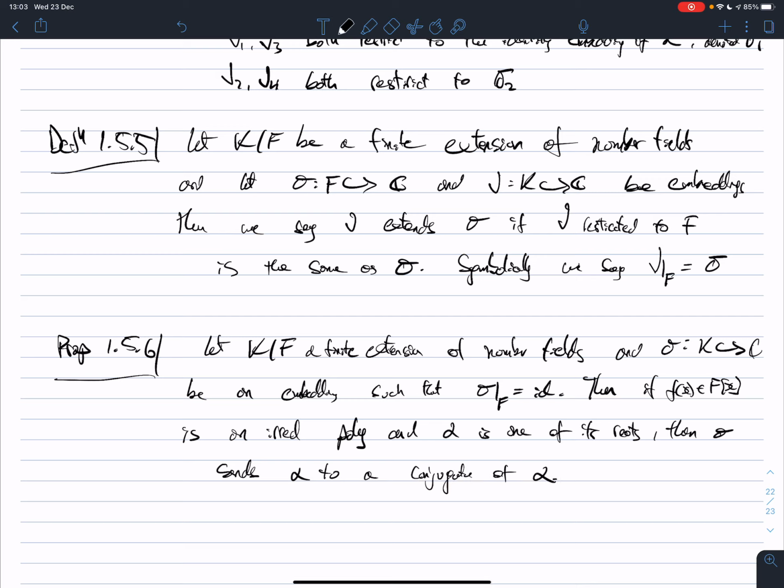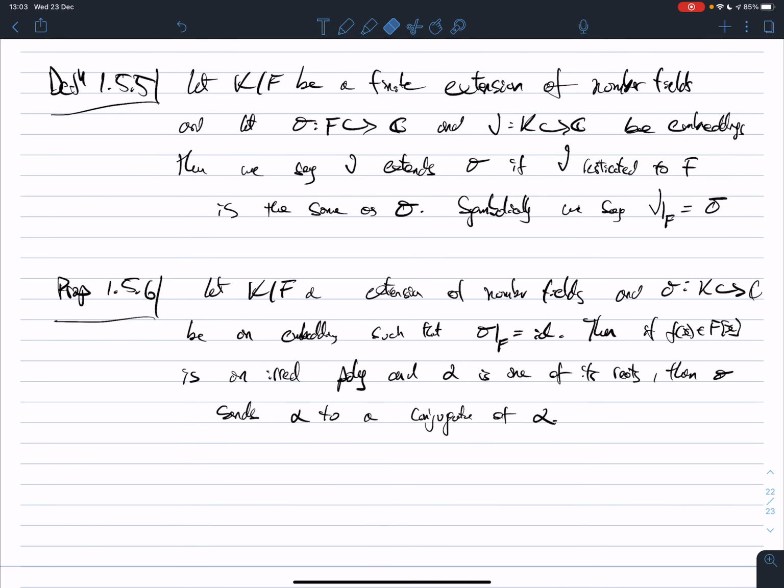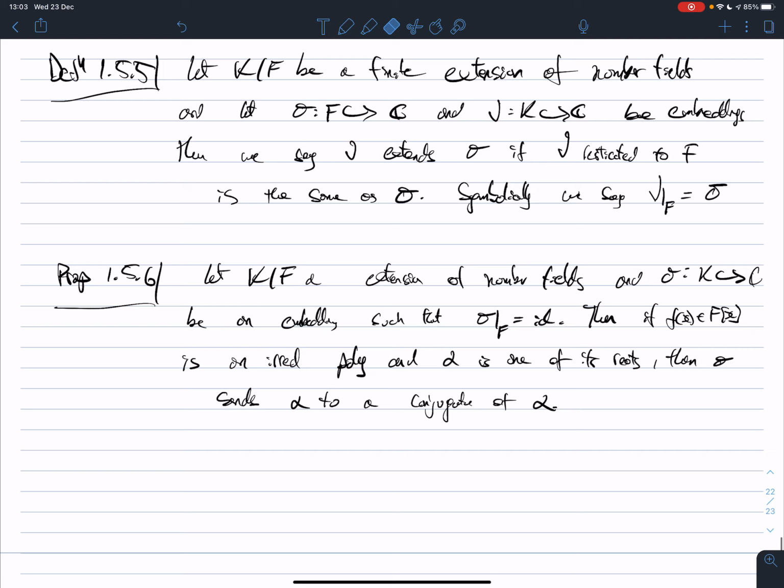I guess I go back and say I actually don't need this to be a finite extension. Any extension works, I'm just assuming that there exists some field where the roots are. So, let's prove this.